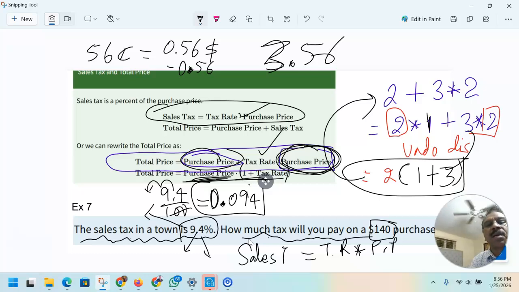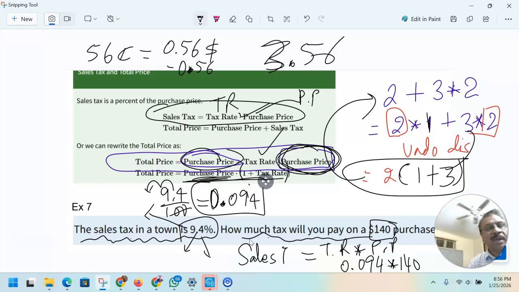So you can use a shortcut also. This is the purchase price. This is the tax rate. The tax rate is 0.094 times the purchase price, which is 140. And if you use the calculator, you end up getting the answer 13.06.